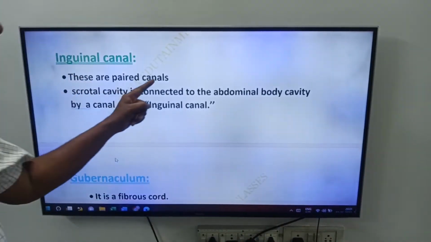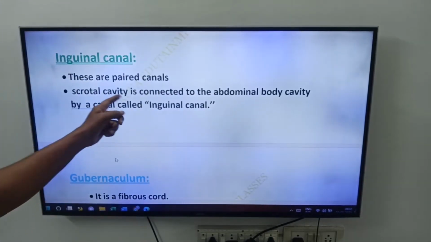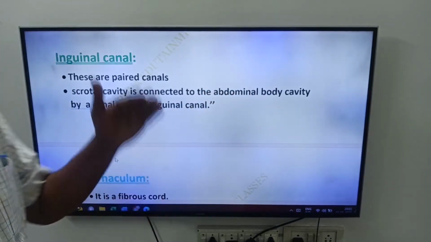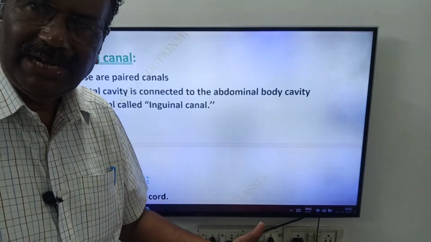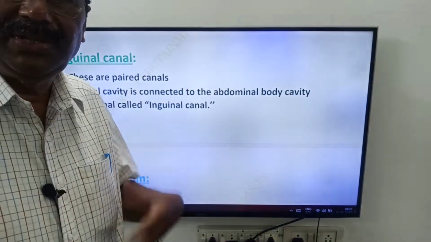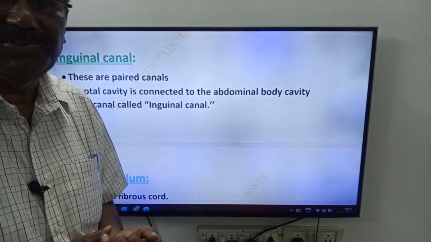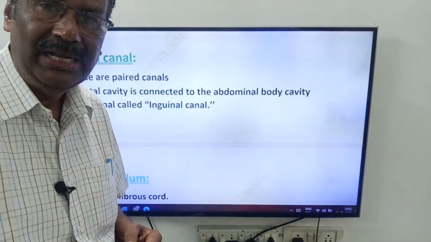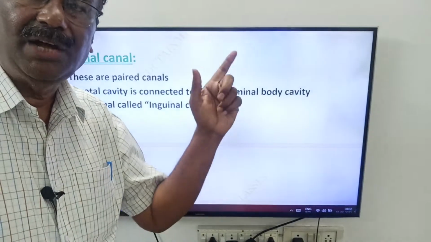Inguinal canals are paired canals. The scrotal cavity is connected to the abdominal cavity by the inguinal canal.